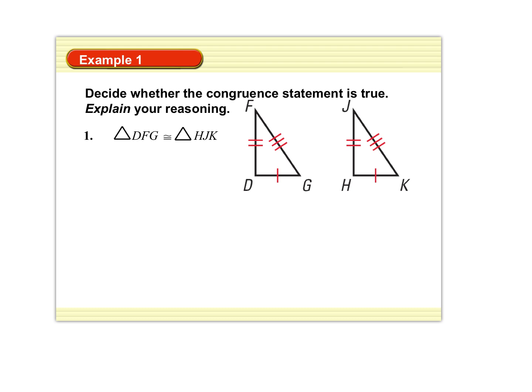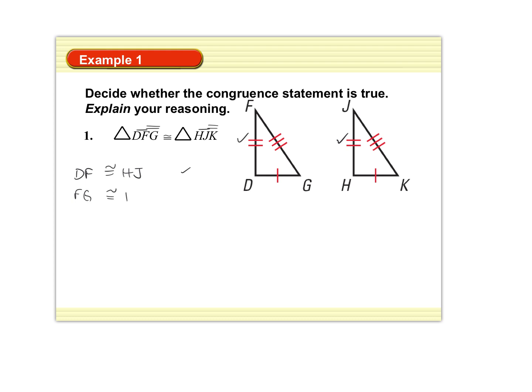Now, how do I know for sure that the statement is true? Well, I need to actually look at the statement and make sure that the parts work. In other words, DF, the first two, has to be congruent to HJ. So I go to the picture. DF is this one, and HJ is that one. Notice they both have two tick marks. We're good. I go to the next one, FG and JK.